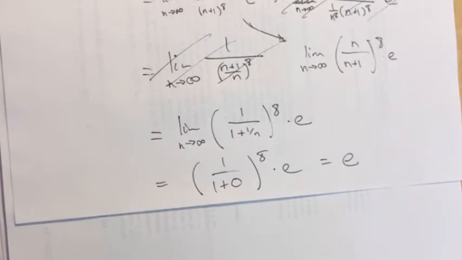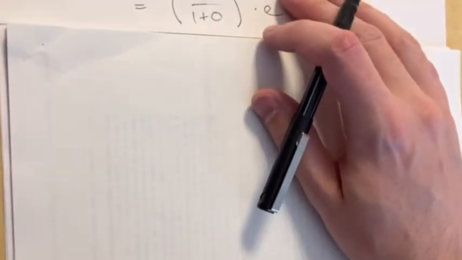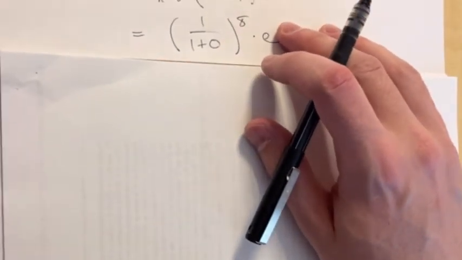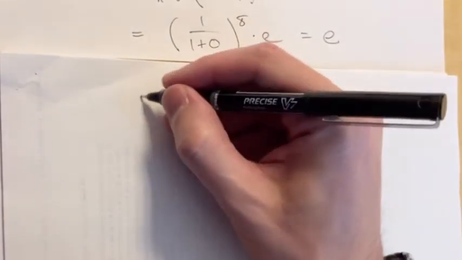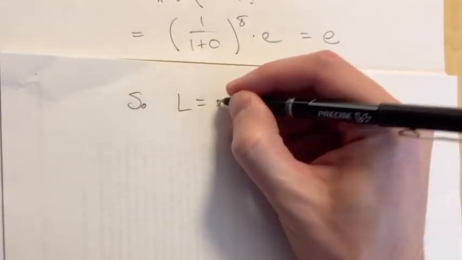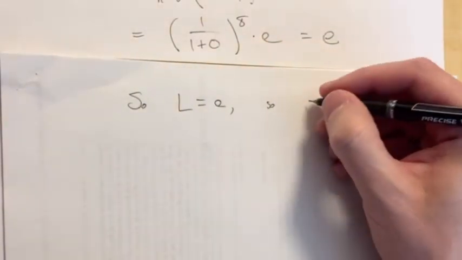What does this mean about converges or diverges? That's the whole point of this example. What do you say? I'll write up a little conclusion. So L equals e. That means it converges or diverges? It diverges.